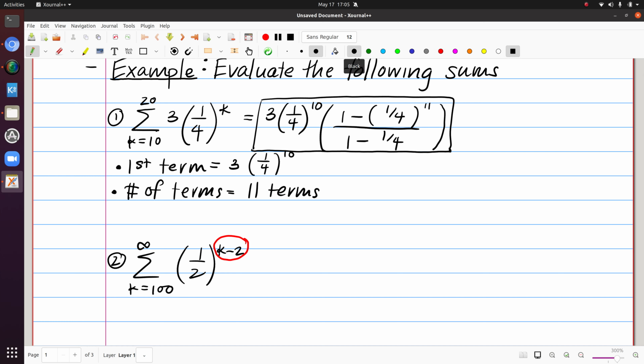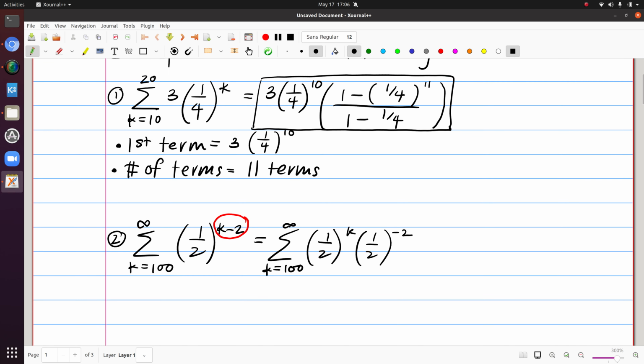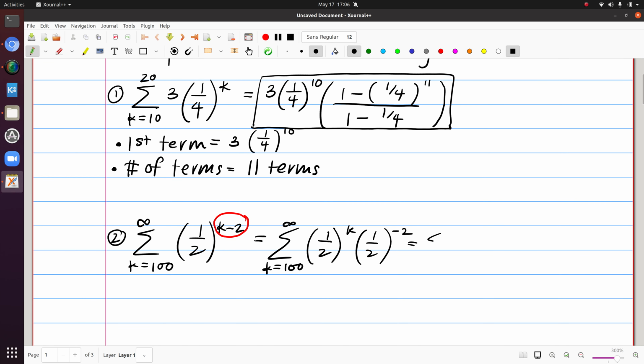What I might want to do is break apart what we have here with my exponent rules to recognize this is the same thing as 1/2 raised to the k times 1/2 raised to the minus 2. So really what we have here is exactly the same thing as, so 1/2 to the minus 2 is 4, times 1/2 to the k.